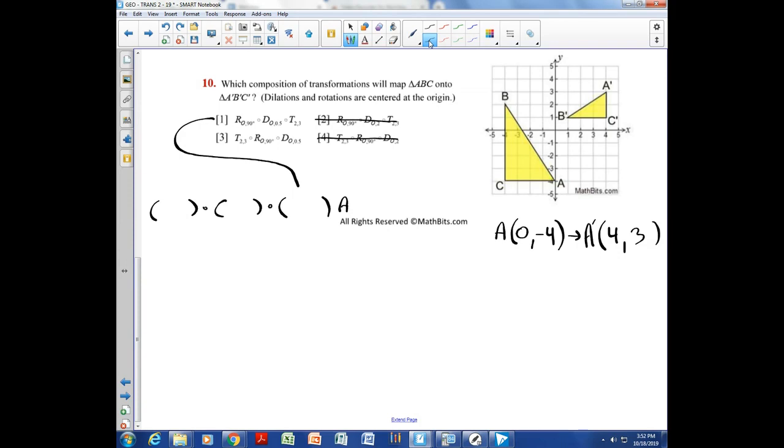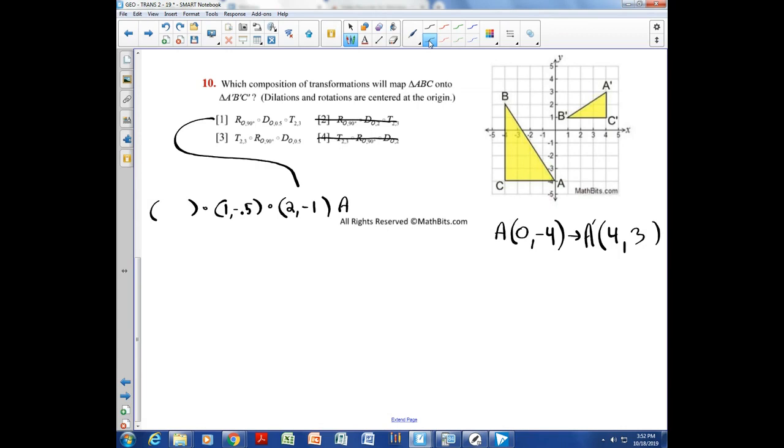So I'm going to do a T(2, 3). So it's going to be 0 plus 2, which is 2. And it's going to be -4 plus 3, which is -1. And now they want the dilation. Well, the dilation is going to cut all of these in half, which means half of 2 is 1, and half of -1 is -0.5.